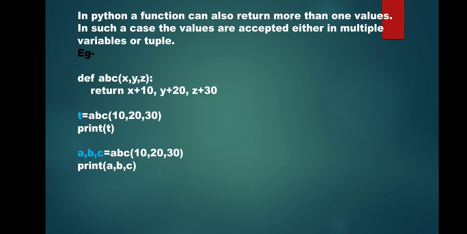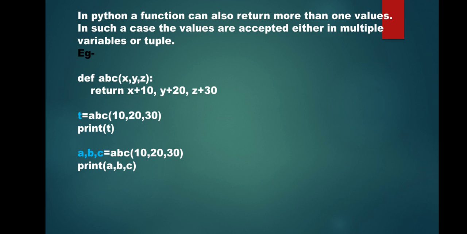Right? As you can see, I have written a function ABC, and this ABC function is returning 3 values. So I have written return x plus 10, this will be the first value, y plus 20, the second value, and z plus 30, the third value. So I am returning 3 values.